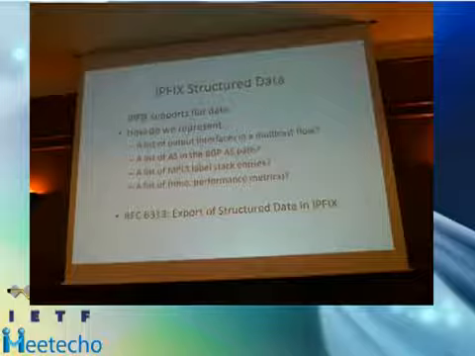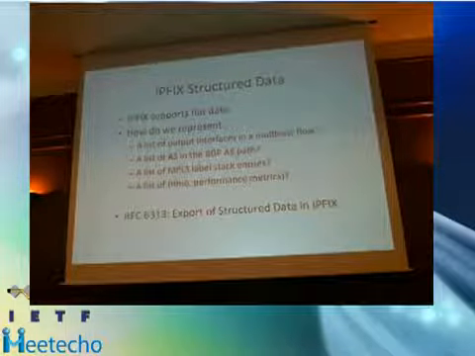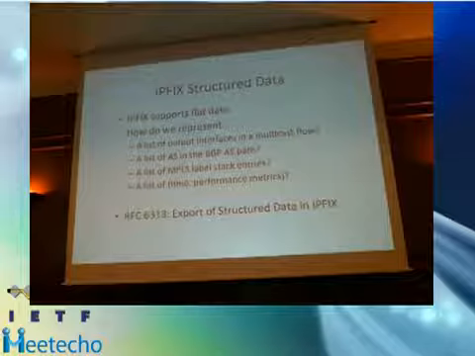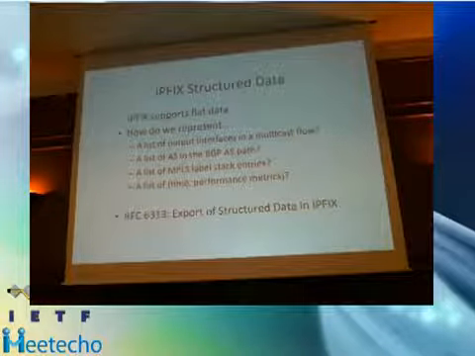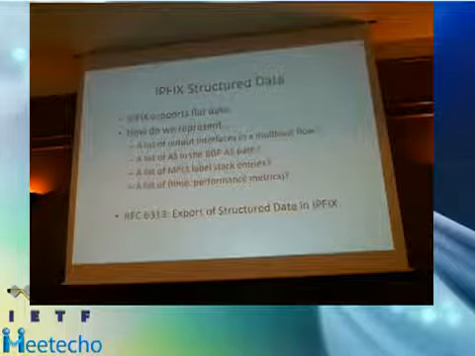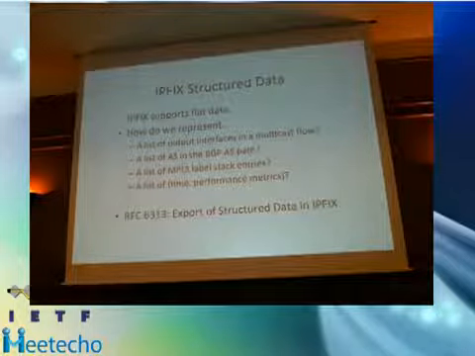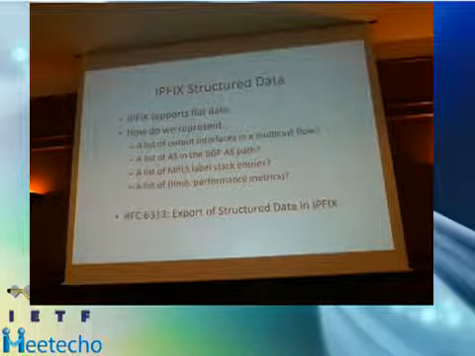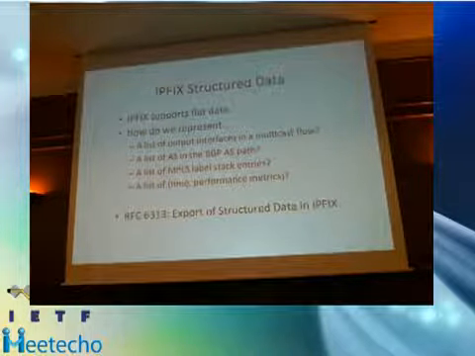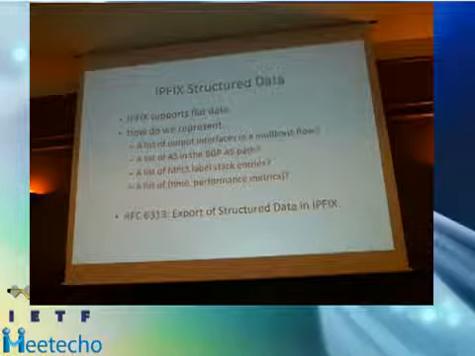The problem that we ran into here was, say you're doing a multicast flow. You have a multicast flow, it comes into a router, it gets cast out. How do you represent all of the interfaces that went out? You could have one flow record, each of which had one interface, but that's clumsy and not really clean to interpret later on.